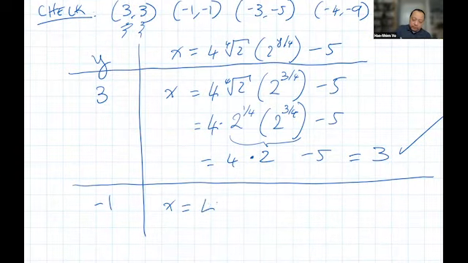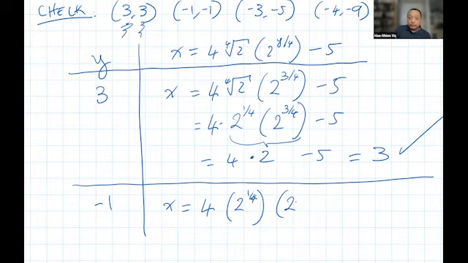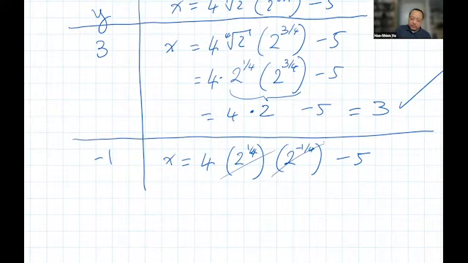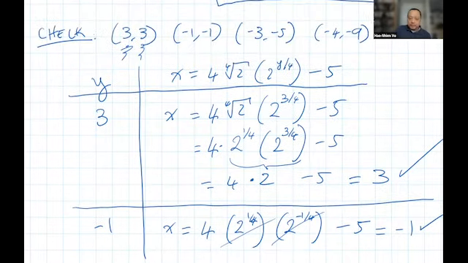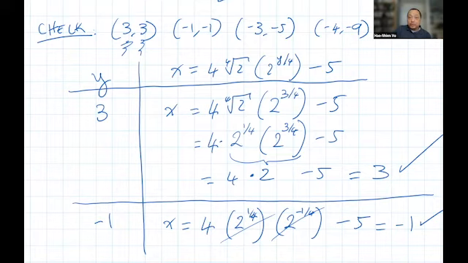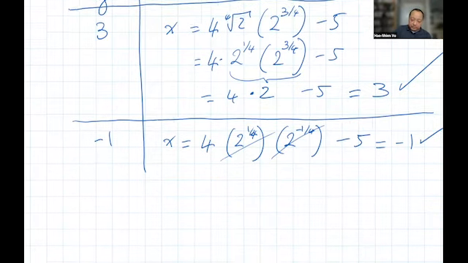X equals 4 times 2 to the y over 4, that's negative 1 over 4, minus 5. These cancel. Have 4 minus 5, which equals negative 1. That's good. Next point, y is equal to negative 5.